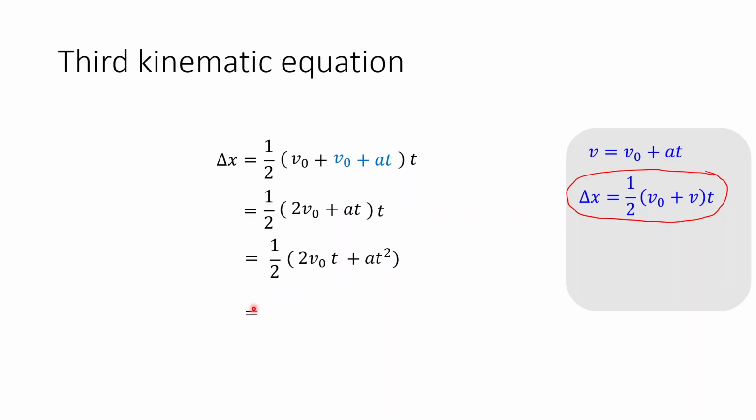This is equal to, now divide this by 2, you get v0 t plus 1 over 2 at squared. On the left hand side, there is delta x. This is the third kinematic equation.